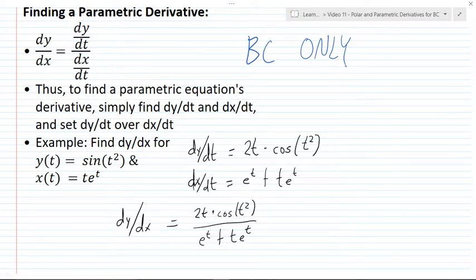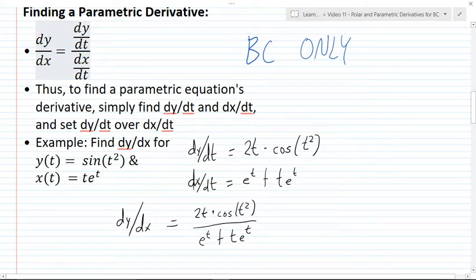They look sort of tough on paper to find dy dx for polar or parametric equations. But actually, the majority of your work isn't going to be in conceptual things because it's very straightforward, dy dt over dx dt.